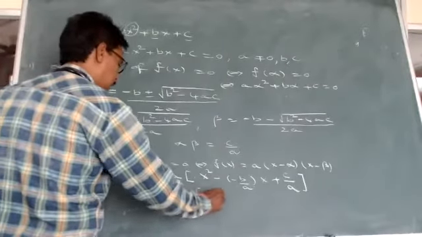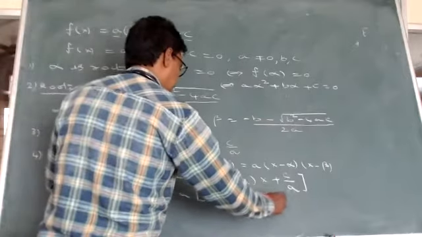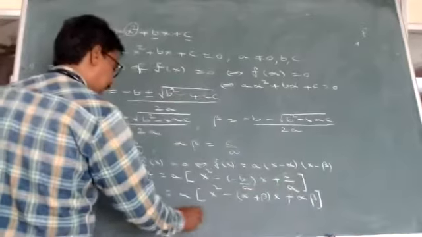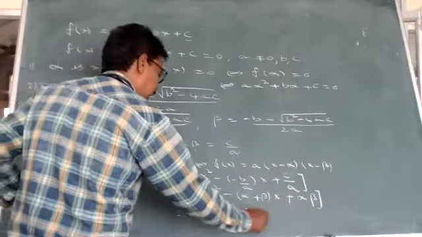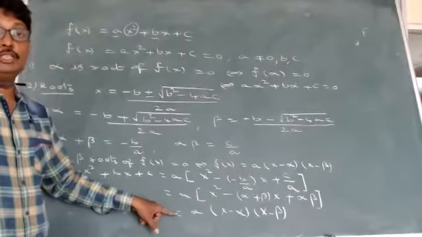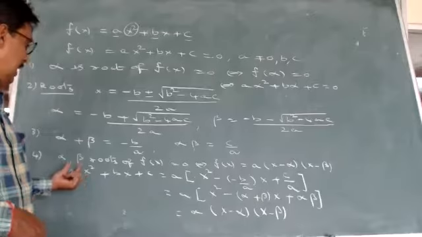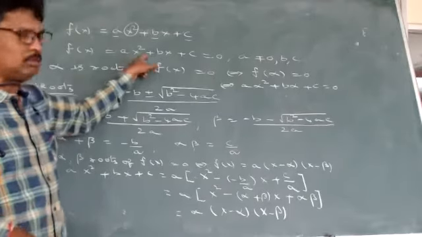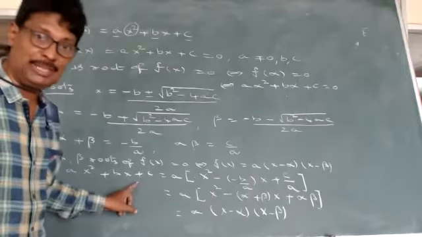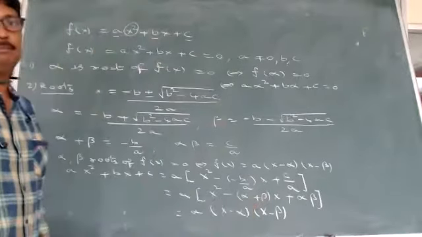Now this is equal to a into x square minus (alpha plus beta) into x plus alpha beta, and finally a into (x minus alpha) into (x minus beta). This is useful in theorems and also in problems. So whenever alpha, beta are the roots of ax square plus bx plus c equal to 0, we can write ax square plus bx plus c is equal to a into (x minus alpha) into (x minus beta).